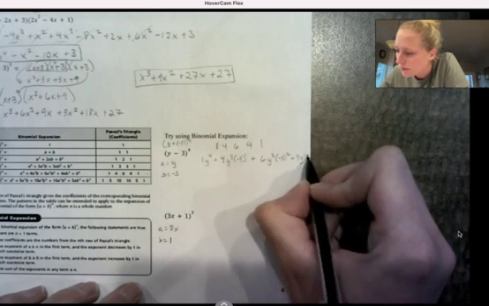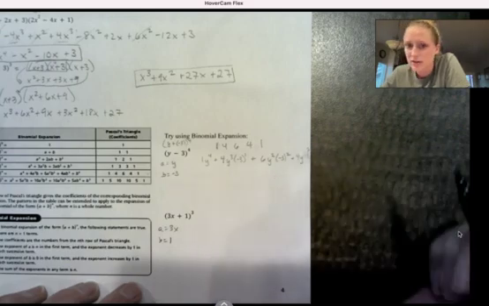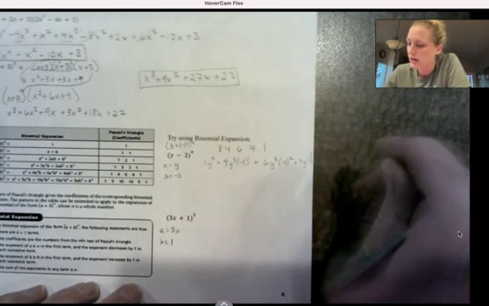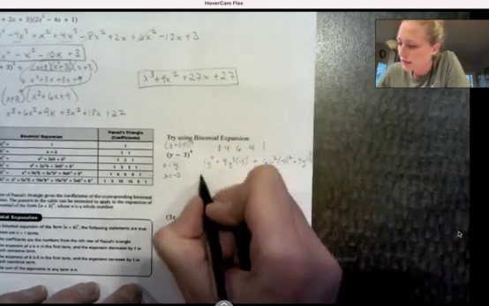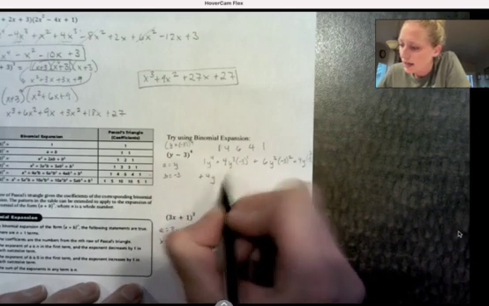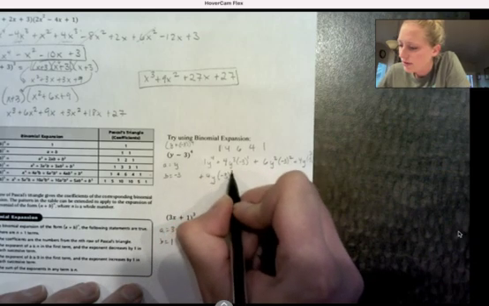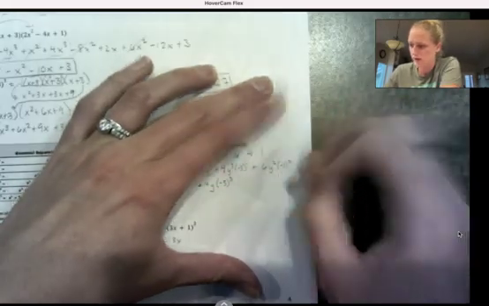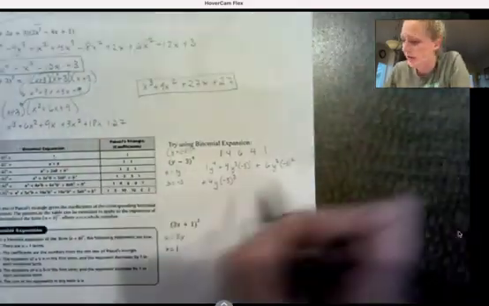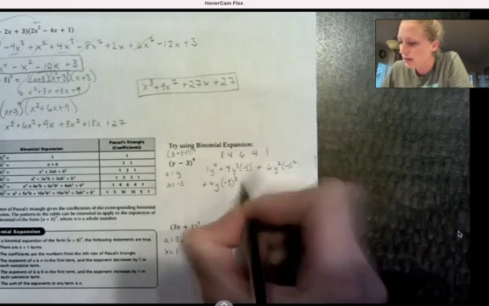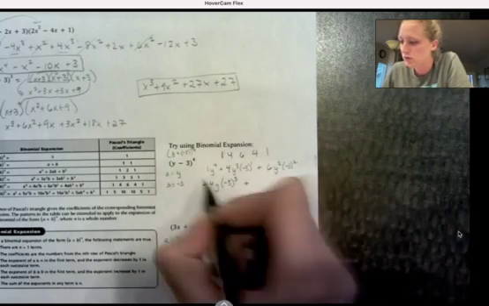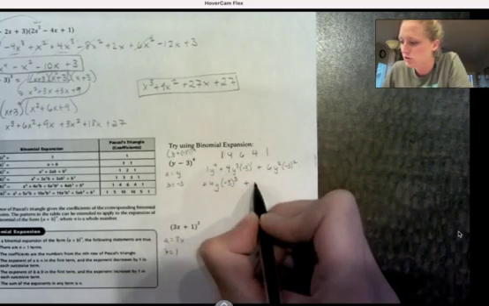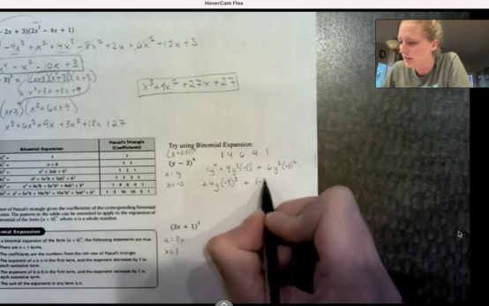Negative 3 is going up by 1, so now it's to the 3rd. Sorry, I'll just write that one down here. So we have plus 4y, negative 3 to the 3rd. Now it's easier to see. And then the last one is 1, and it's just b to whatever the highest exponent was, which is 4, and our b is negative 3.